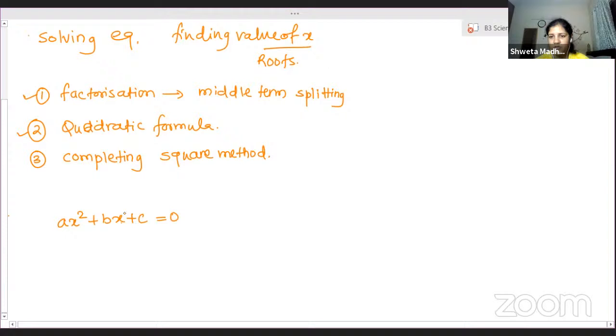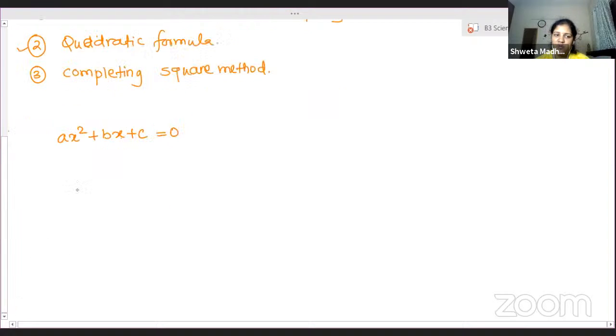Now we have a formula: the value of x is equal to minus b plus minus square root of b square minus 4ac, by 2a. This is actually obtained by using the completing square method.